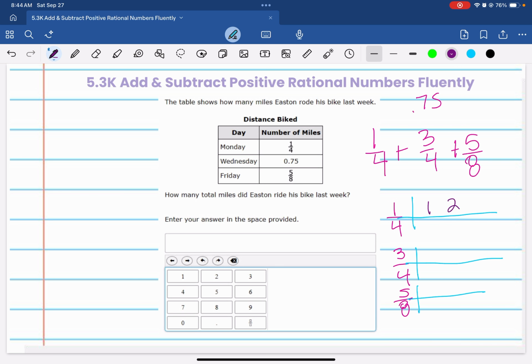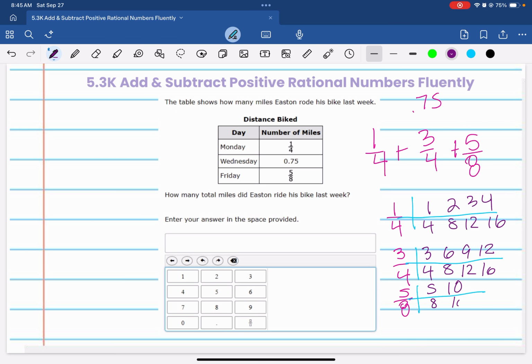So 1, 2, 3, 4. This is 4, 8, 12. I could keep going. I usually do 4 or 5. This one I'd skip count is 3, 6, 9, 12, 4, 8, 12, 16. So I'm skip counting. I'm just finding equivalent fractions.